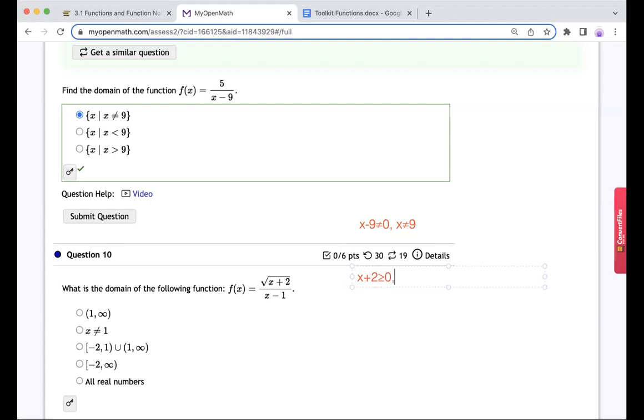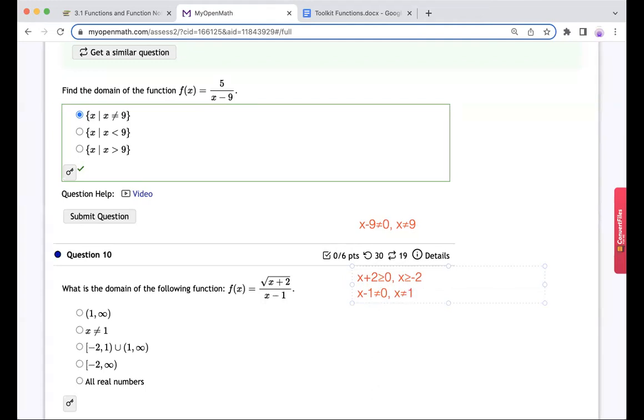Then you subtract 2 from both sides, so you have x has to be greater than or equal to -2. Now this one has another thing here: something in the bottom. So you must have x minus 1, and this cannot equal 0. That means x cannot equal 1.